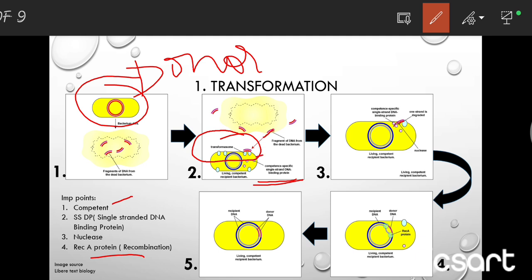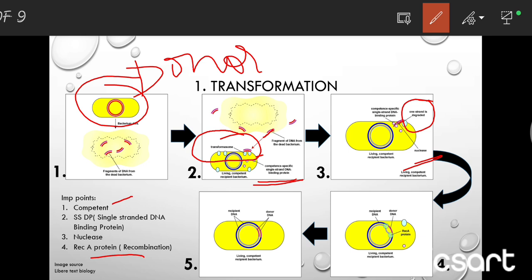Then what will happen next: two strands will be attached to the transformosome. Then one strand from the donor DNA will be degraded by the nuclease enzyme present in the cytoplasm of the recipient bacterium.